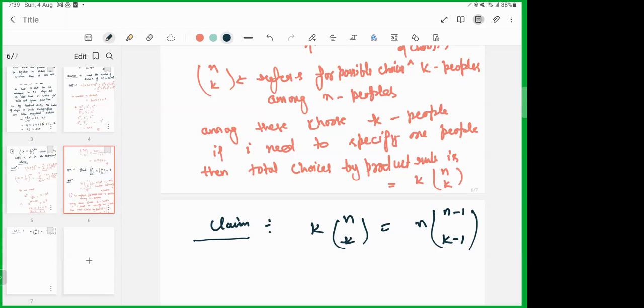Anyone? What is this right hand side capturing?